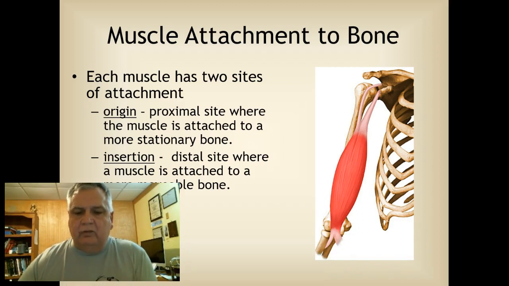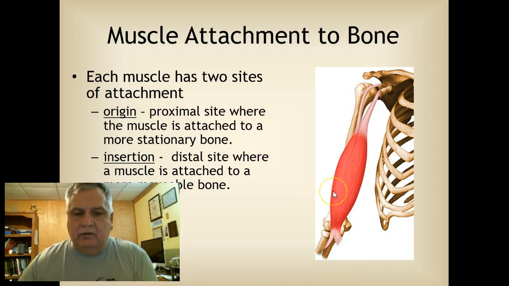So at this distal site, we can see that the muscle attaches to two places, here on the radial tuberosity and also here on the neck of the ulna, just below the trochlear notch. All right, so these are two sites of attachment, one proximal and one distal.